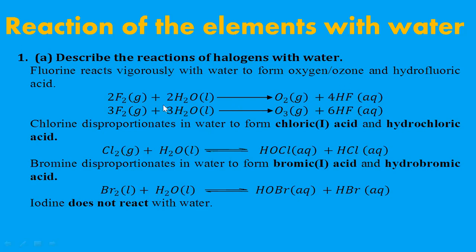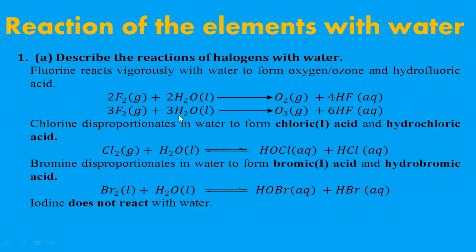I told you the reaction of fluorine with water does not yield hydrogen fluoride. This is not hydrogen fluoride, as most of you normally write in exams, but it's hydrofluoric acid, just because the hydrogen fluoride that would be formed dissolves in the water present, forming an acid.